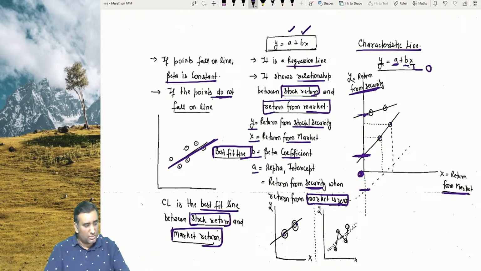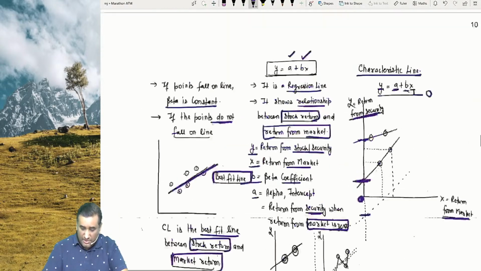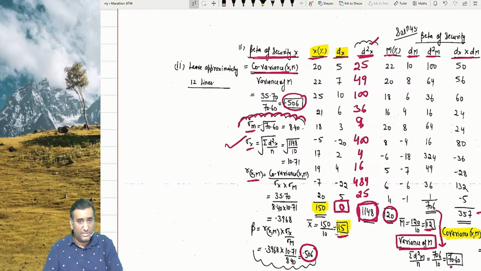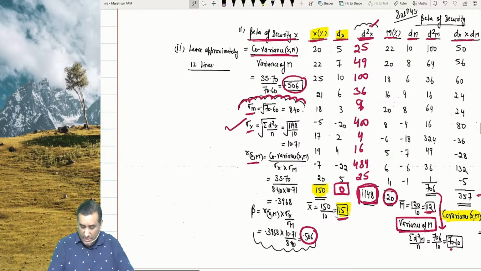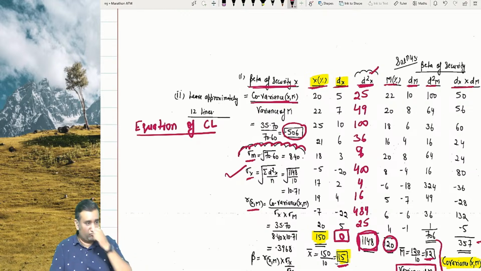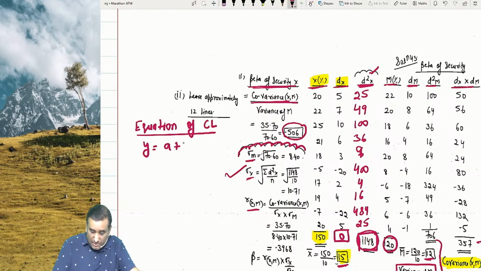For example, in our question, the data was not there. We left some line here in our question. Second part, he says equation of CL. So if I try to put here the equation of CL, y is equal to a plus bx.